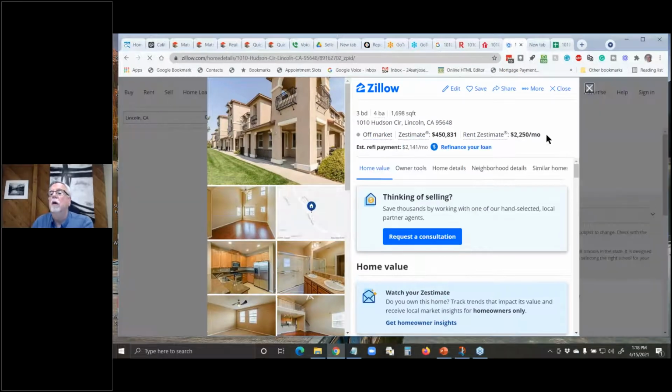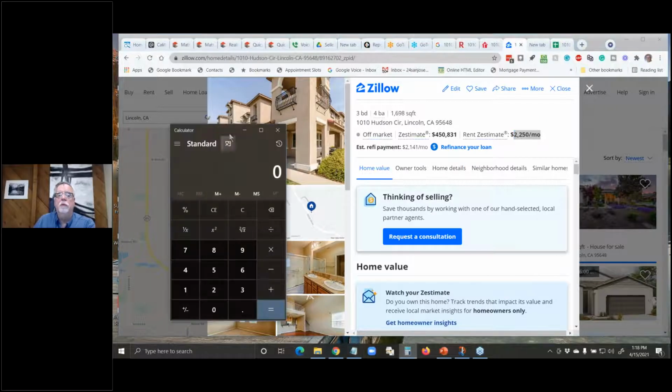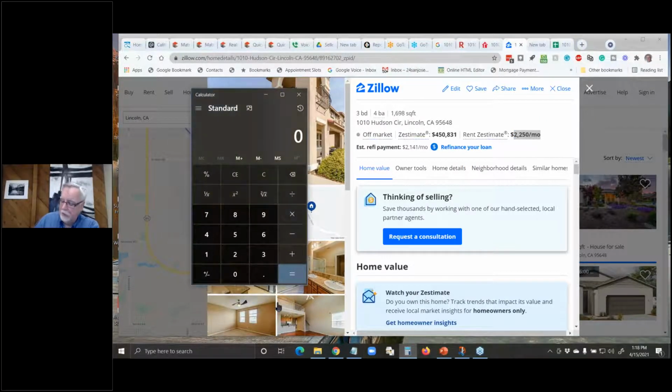There's a reason for going to Zillow. Zillow is going to give me a rent estimate of $2,250. Now, this is a higher level. Don't do this alone at home necessarily unless you've practiced it. But sometimes what I will do is say, let's say $2,250 times 12 months is an annual income of $27,000.